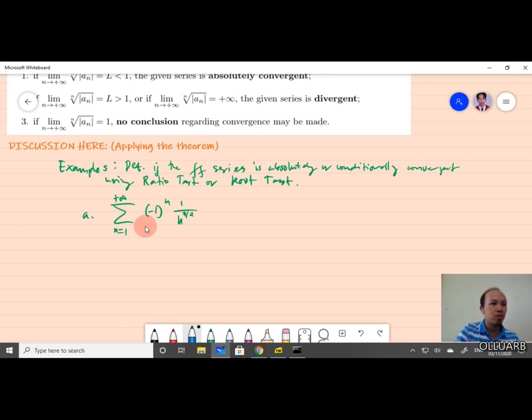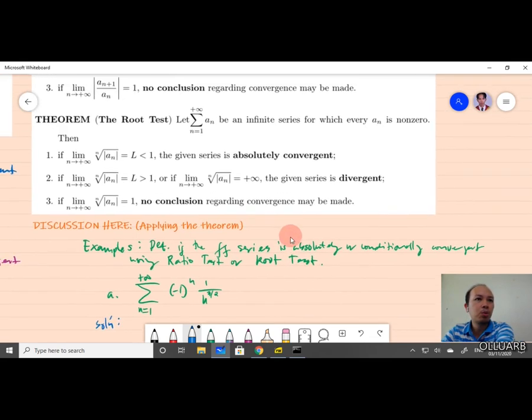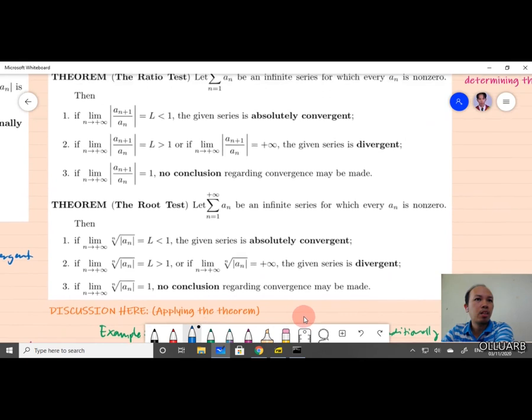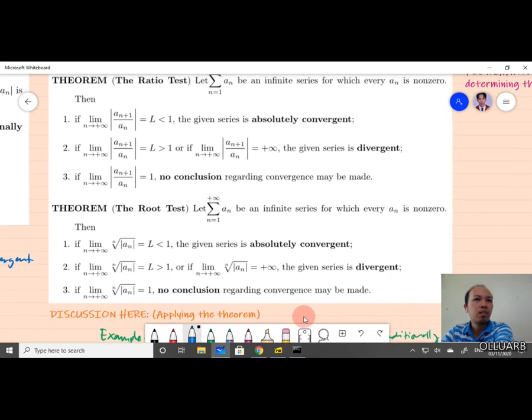So, solution. As you can see, we have to let a sub n, and notice also that a sub n is non-zero for all n.